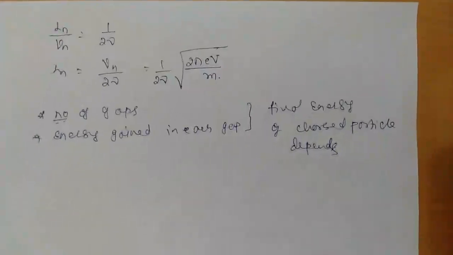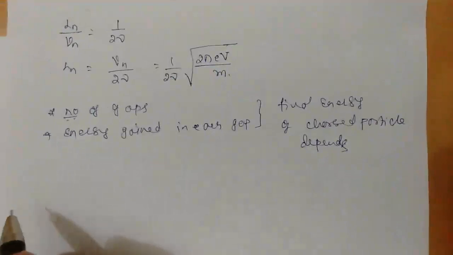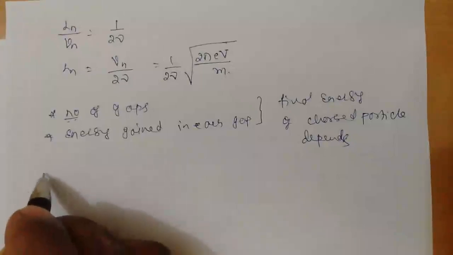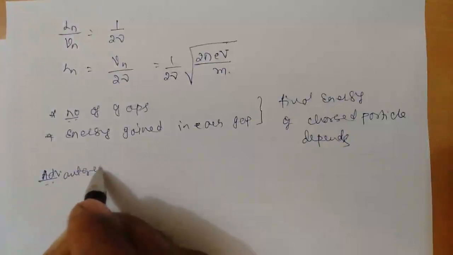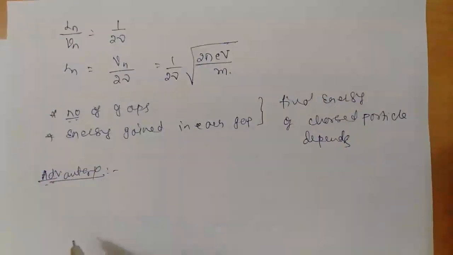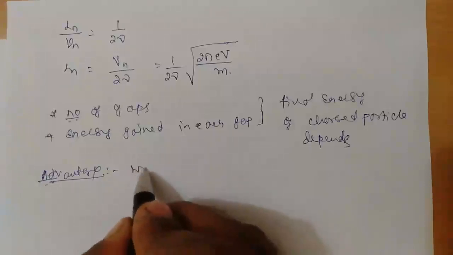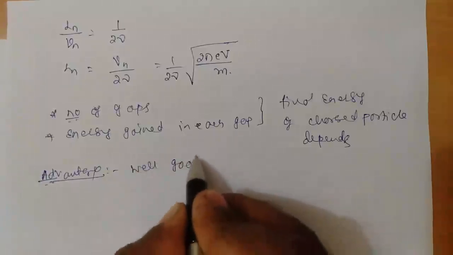Okay. Now let us look into the limitations and advantages of this linear accelerator. First, the advantages. The advantage of the linear accelerator is that we get a very good collimated beam.